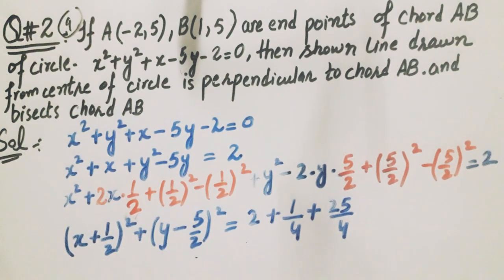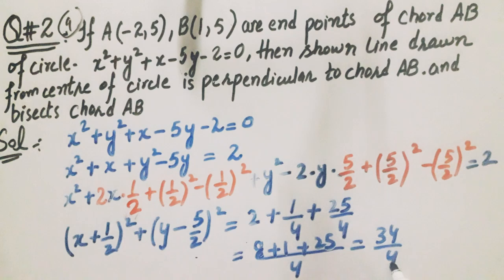So we will solve this further by taking LCM. This side will be equal to the LCM is 4. So 8 plus 1 plus 25 will become 25 plus 9, that is 34. So 34 by 4.